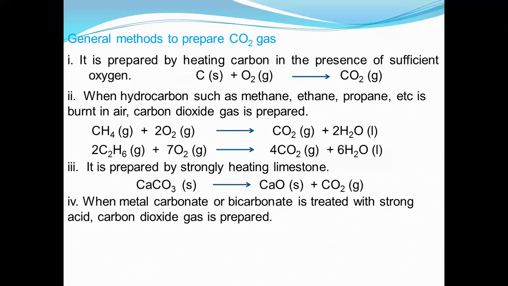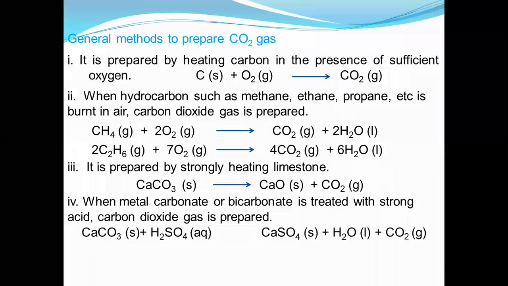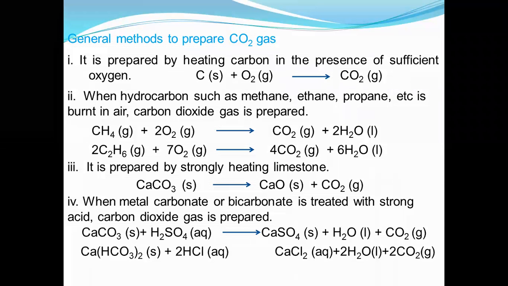When a metal carbonate or bicarbonate is treated with acid, carbon dioxide gas is produced. We have already discussed this in acids, bases and salts. Calcium carbonate with sulfuric acid gives calcium sulfate and H2CO3, which gives H2O and CO2.